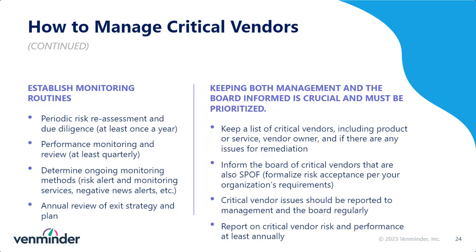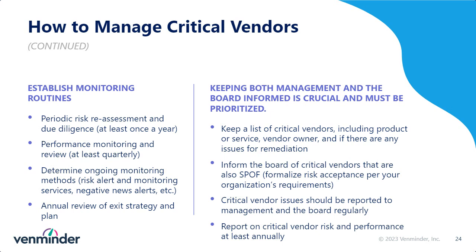All right, so when it comes to establishing monitoring routines, this is very important. Consistency is key, and we know that we need to do a periodic risk reassessment and due diligence at least once a year. Now, you can do it more frequently if there's been any performance issues or something like a data breach. Go ahead and do it as often as you need to.